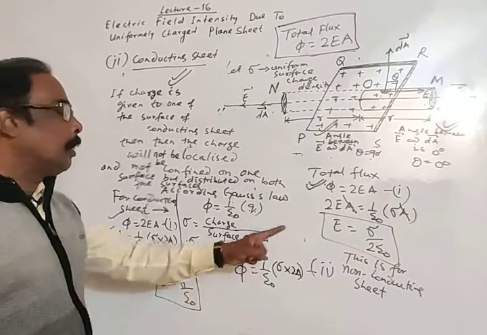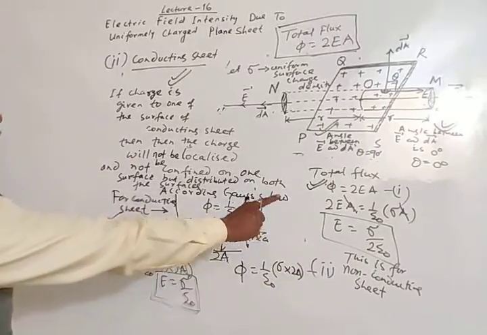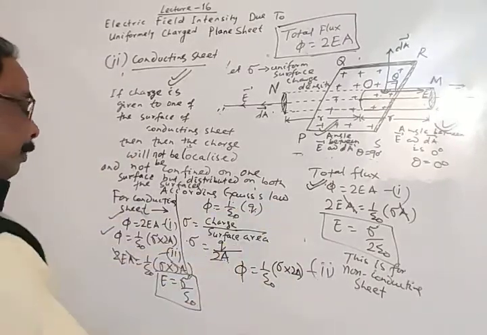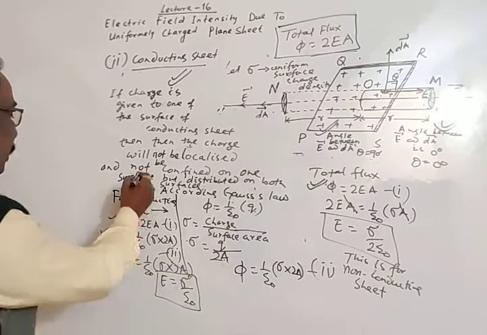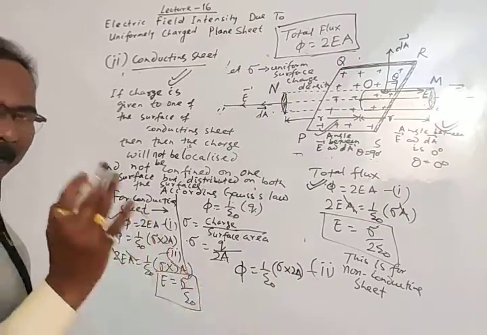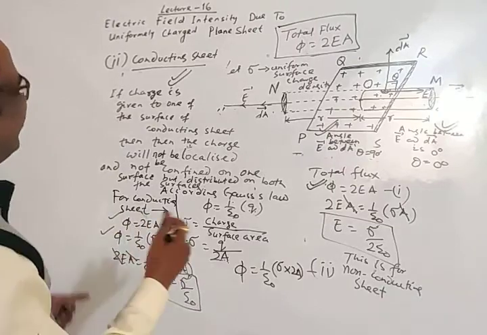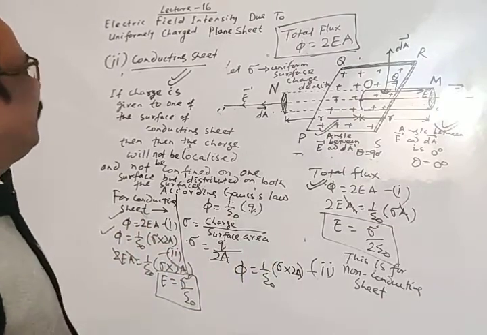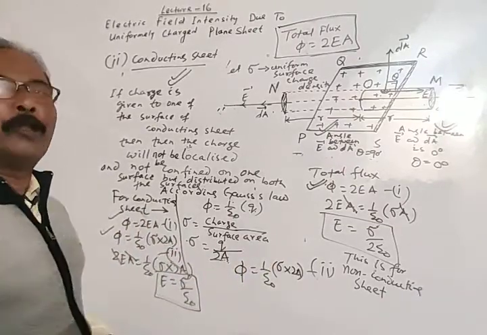So for a non-conducting sheet, electric field is sigma divided by 2 epsilon naught. For a conducting sheet, electric field is sigma divided by epsilon naught. This is about electric field intensity due to a uniformly charged plane sheet.